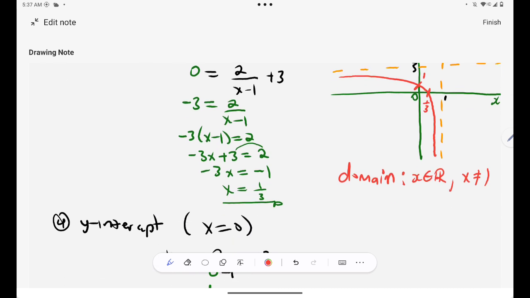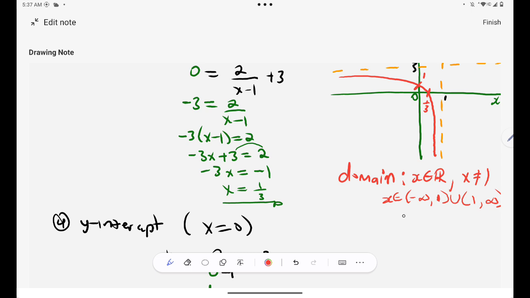Are we together? Other people prefer to write it like this: x is an element of negative infinity until 1, or 1 to positive infinity. It's up to you, but these two things are the same.